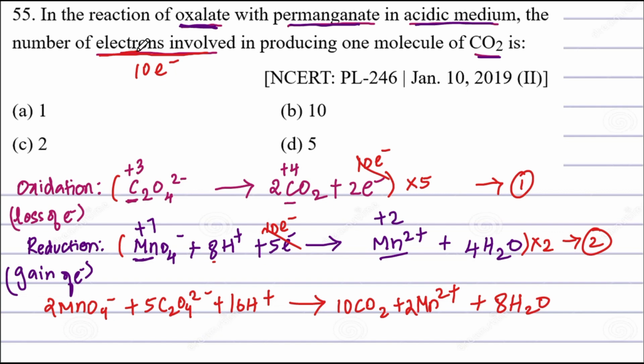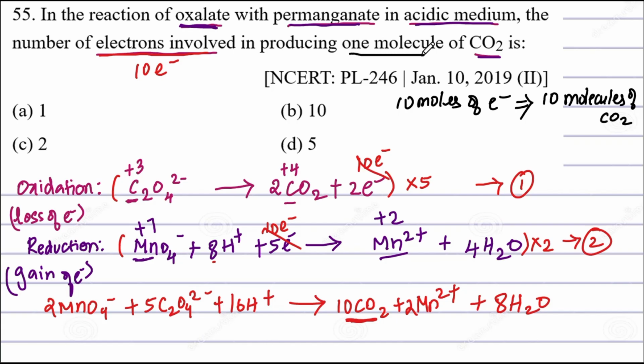So the number of electrons involved is 10. 10 electrons are involved. And how many carbon dioxide molecules are produced? 10 molecules of carbon dioxide are produced. So we can write the equation. So 10 moles of electrons are involved and they produce how many molecules of carbon dioxide? 10 molecules of carbon dioxide.